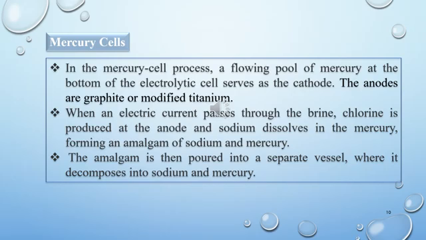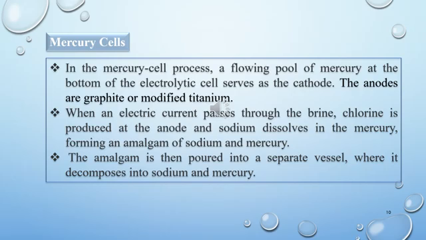When an electric current passes through the prime, chlorine is produced at the anode and sodium dissolved in mercury, forming an amalgam of sodium and mercury. The amalgam is then poured into a separate vessel where it decomposes into sodium and mercury.